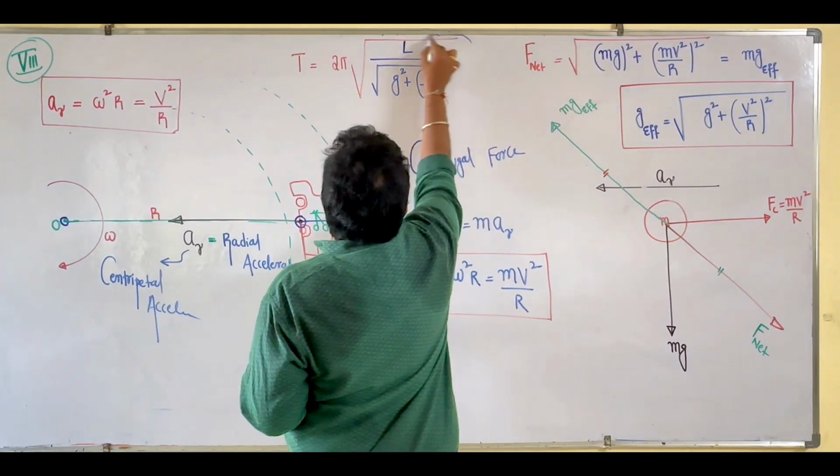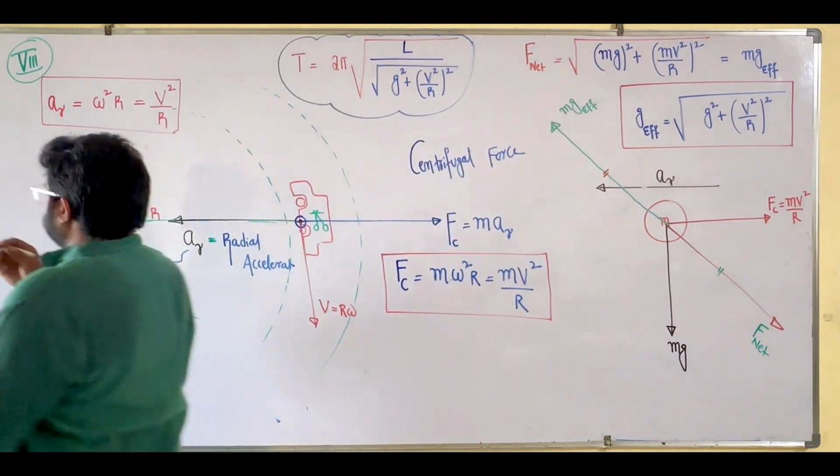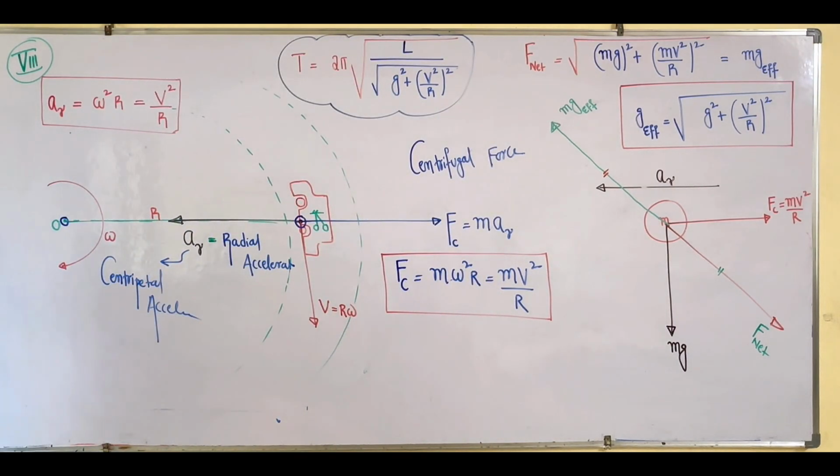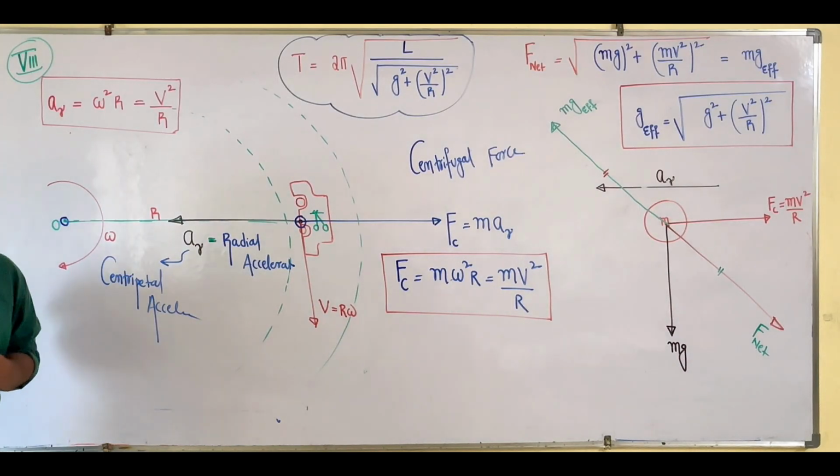Here v square by r is the radial acceleration. So how many accelerations will come for circular motion? Radial acceleration and tangential acceleration. This part is completed. Right up to here. Next case.